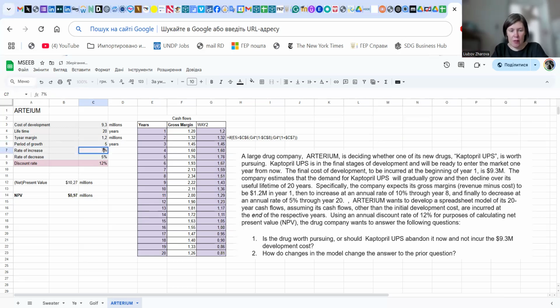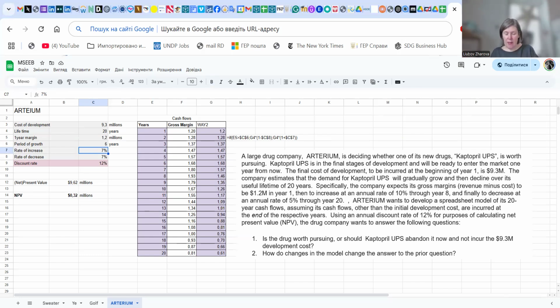If we have, I don't know, 7% here and 7% there, that's the worst scenario. If we have, for example, 6 years here and this rate of increase and decrease, we still have some profit, a positive net present value.